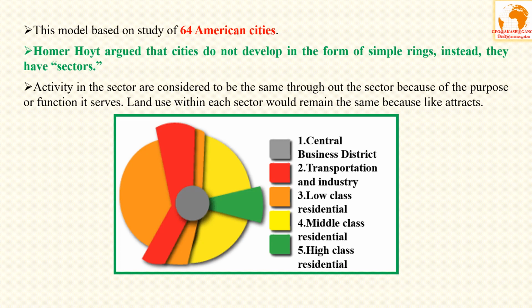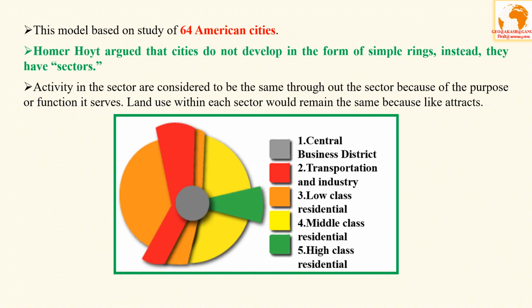The industrial sector would remain industrial as the area would have the typical advantage of railway lines or rivers. This sector can be housing, industrial activities, etc. The sector grows along railway lines, highways and rivers.